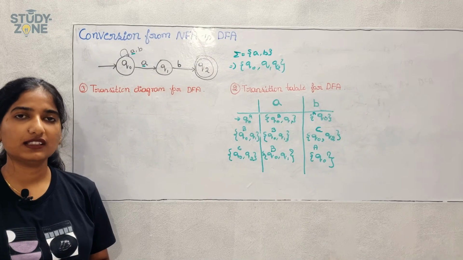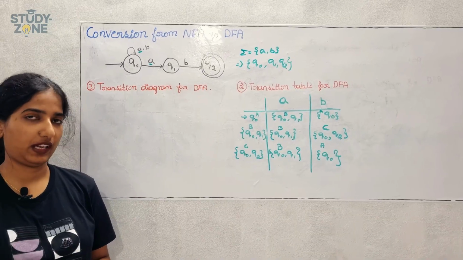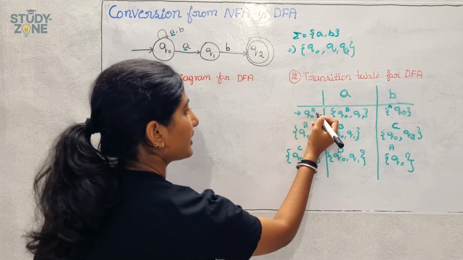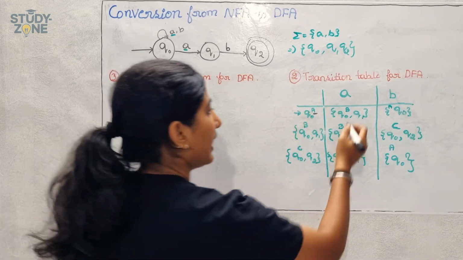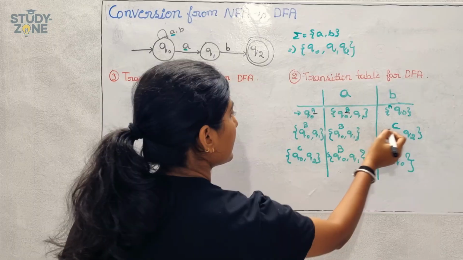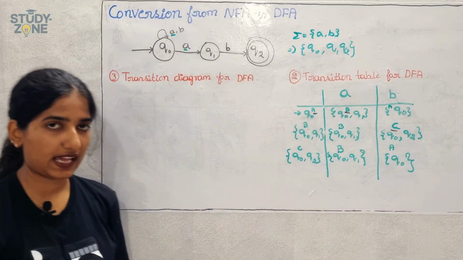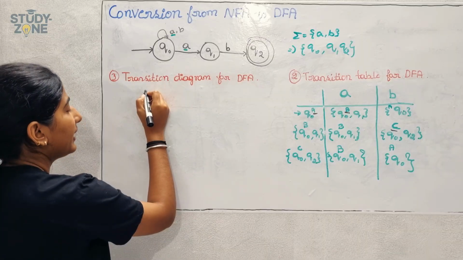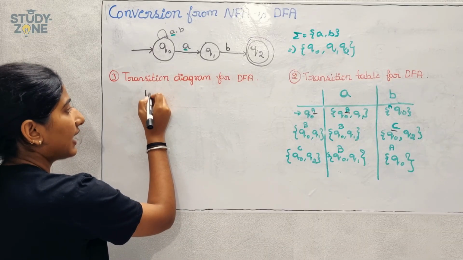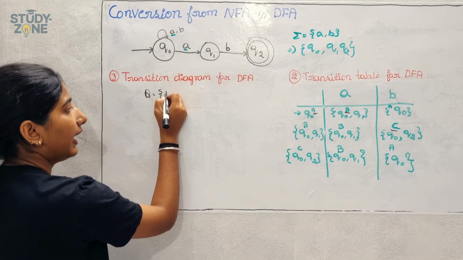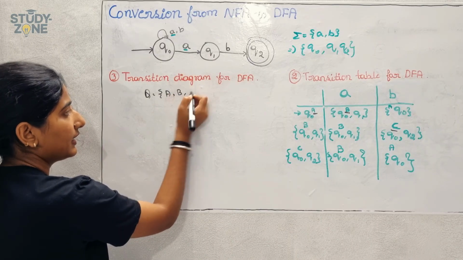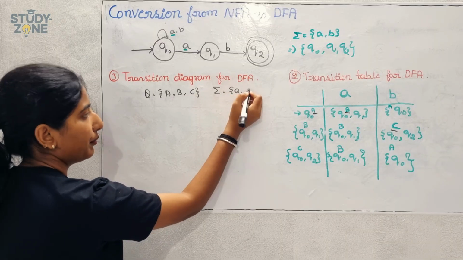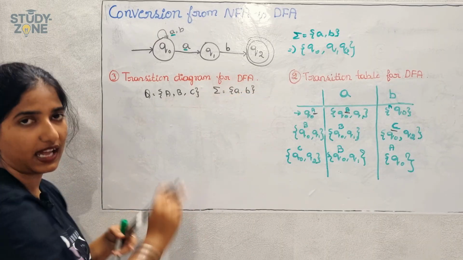Now, to write the transition diagram for the DFA, the main thing we have to do is take A, B, C as the states. Instead of Q0, Q1, Q2, we are making the states A, B, C. The alphabets will be the same, A and B, only the states are changing.